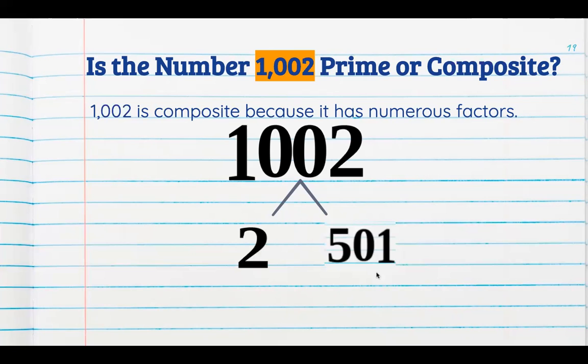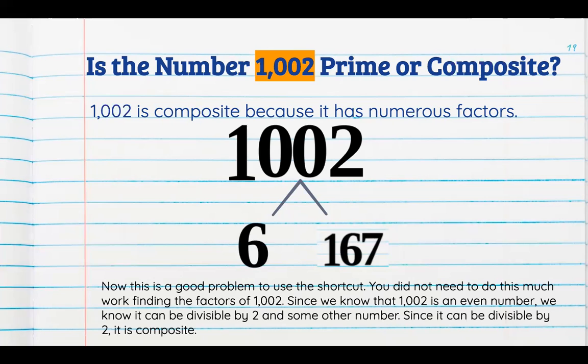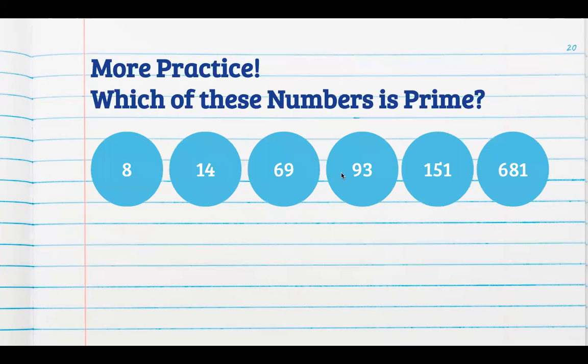Even if we didn't know what this number was, since it was even, it always can be divided by 2. So this is a good problem to use a shortcut because it is even and can be divided by 2. And if you use it, great job.